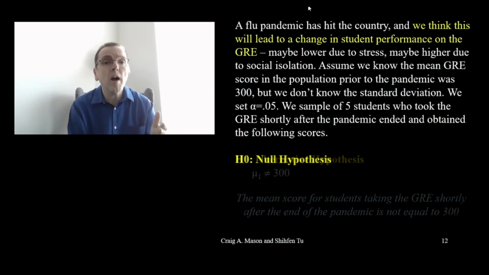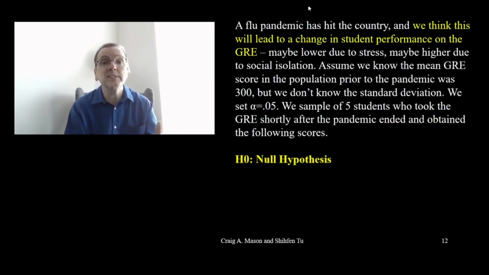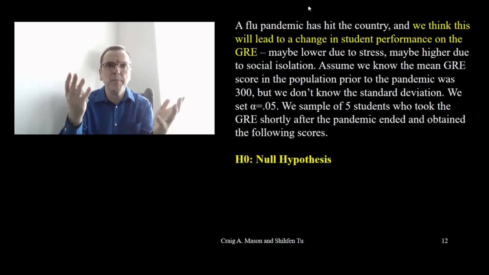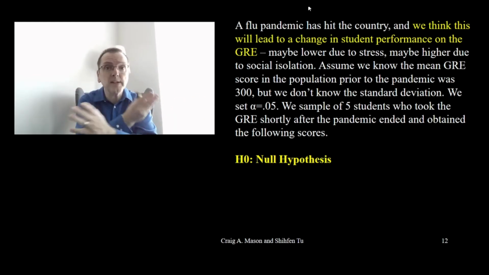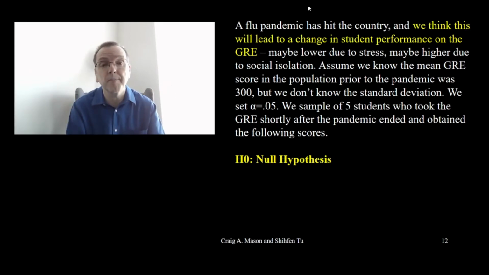What would be our null hypothesis, H0? Remember, it reflects the complement of the alternative hypothesis. Between the two of them, they have to cover all possible outcomes that we may see.